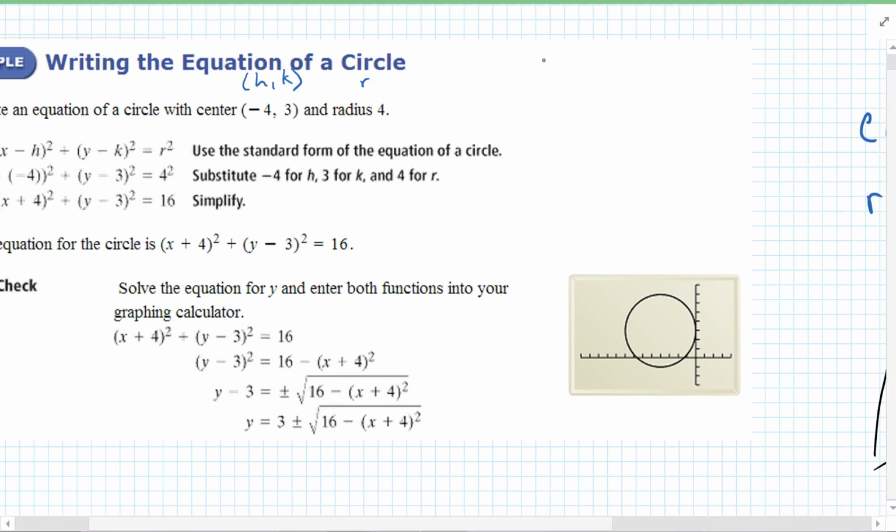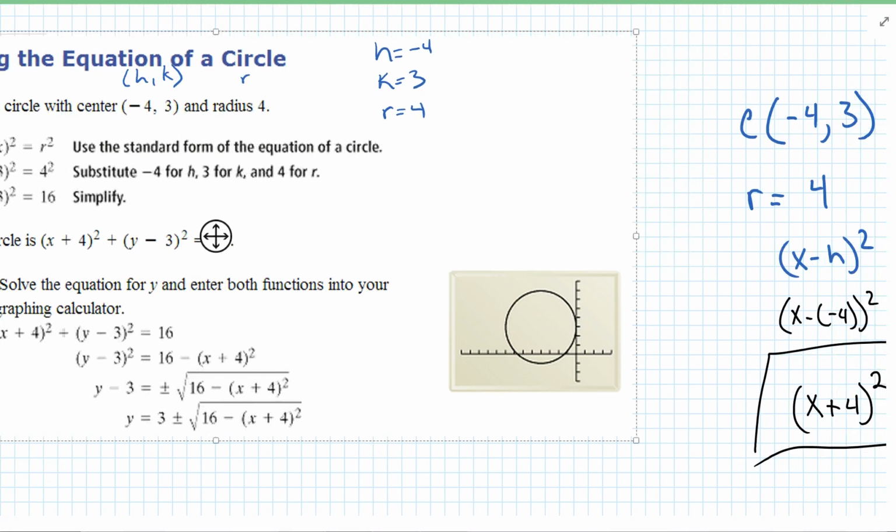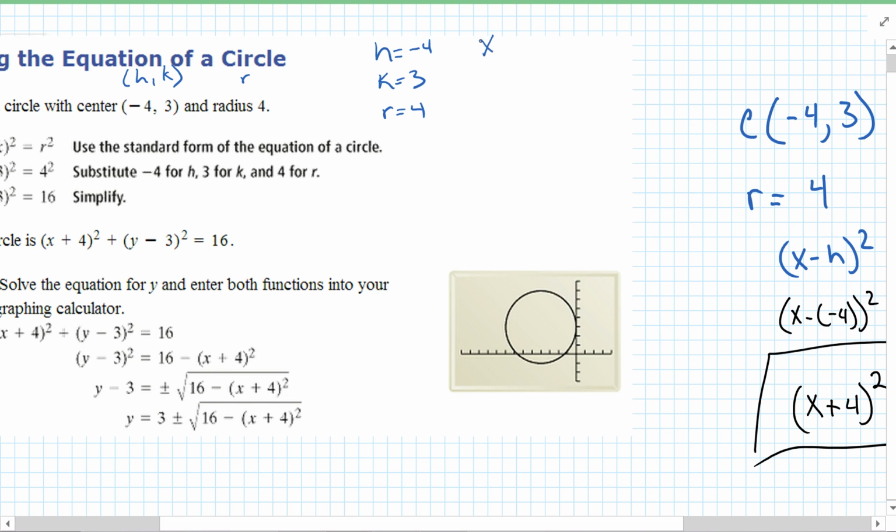So for this, we have h equals negative 4, k equals 3, and r equals 4. The standard equation looks like this. x minus h squared plus y minus k squared equals r squared.